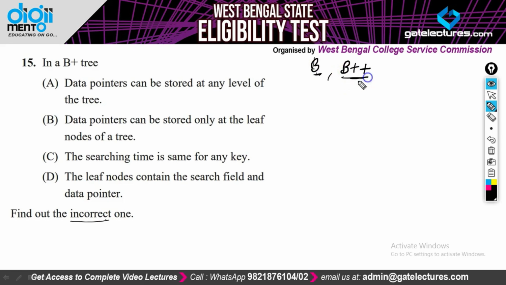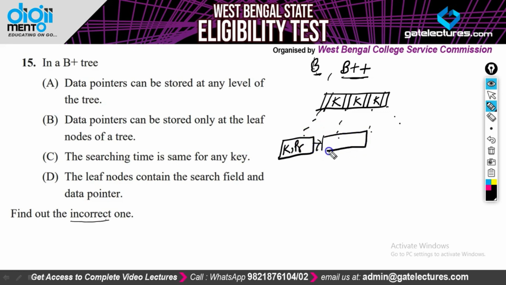But in a B plus tree the structure is slightly different. At the root or internal node we have a node pointer, then key, node pointer, then key, and it goes like this. It is the same for all the internal nodes, and only at the leaf nodes we have key, and along with that we have data pointer. So it depends on the structure also. Key and data pointer, key and data pointer.